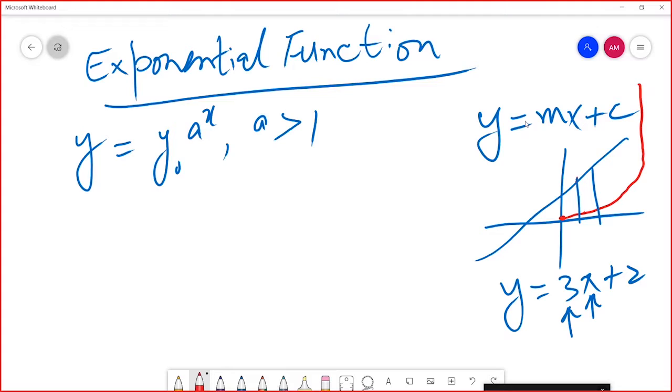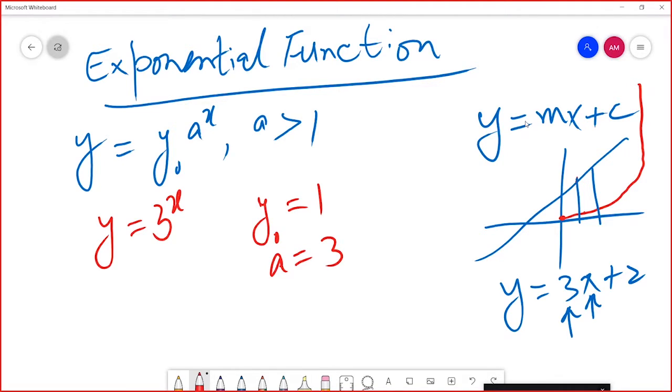What is y naught? Y naught is actually the starting value. So I can write something like this: y is equal to 3 raised to the power x. If I write like this, y naught is equal to 1 and a is equal to 3. Do you see that?